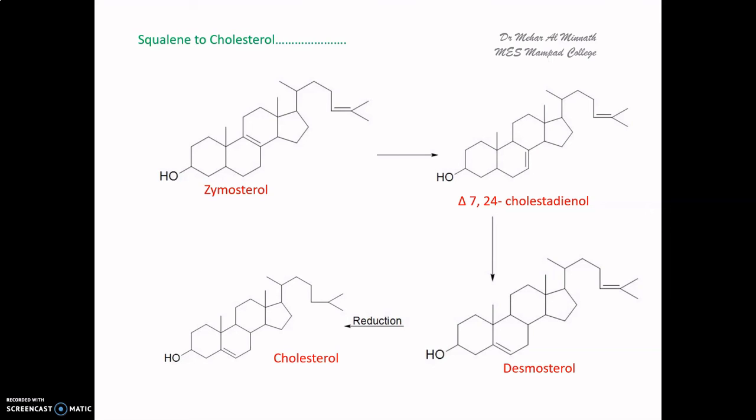So in the biological system also, the rest of the steroids are formed from cholesterol. So basically most of the steroids are formed from cholesterol, and cholesterol is formed from acetyl-CoA. So these are the steps involved in the biosynthesis of cholesterol.